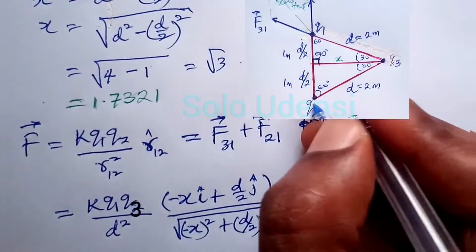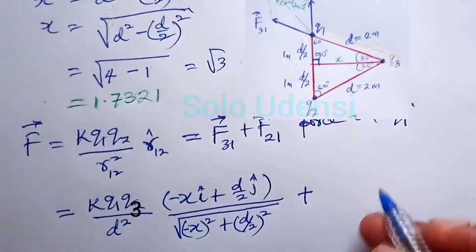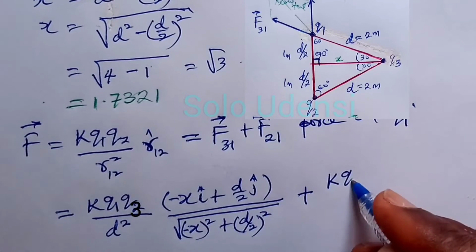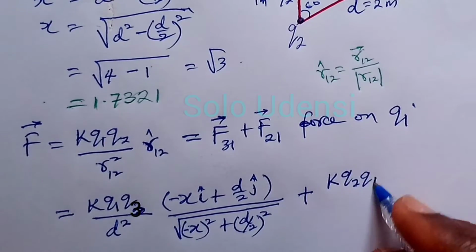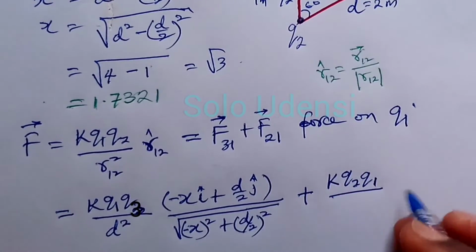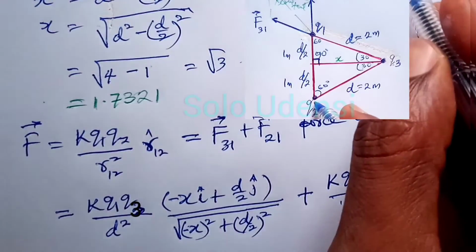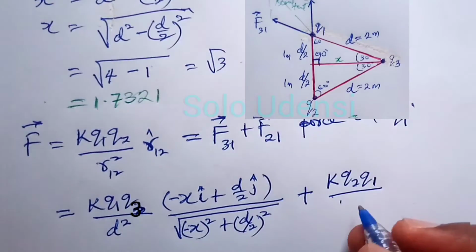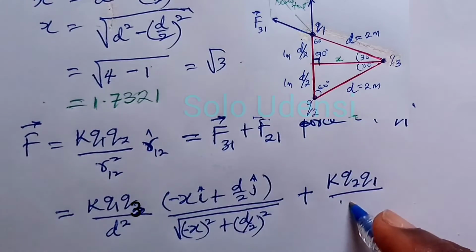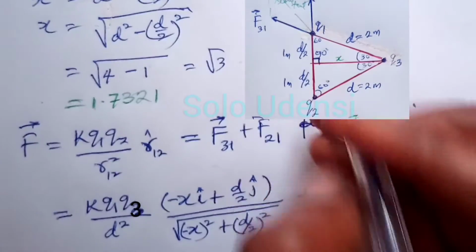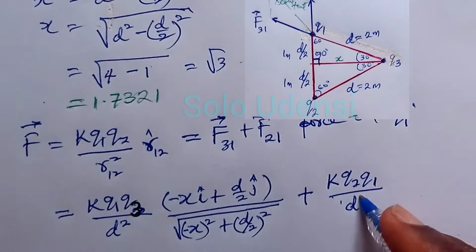Then plus, I do for this F21. This F21 is from here to here straight and it's positive, so it is K Q2 Q1 over the distance from here to here, which is d over 2 plus d over 2, that is d squared.